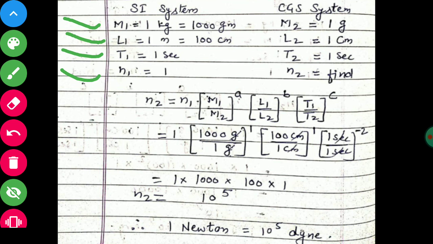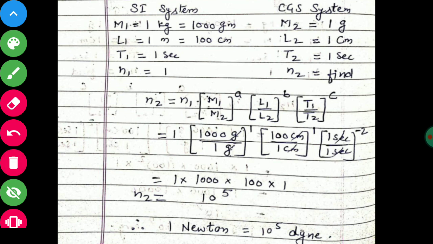L1 in the SI system is meter, so 1 meter in CGS is 100 centimeter. Time is equal to 1 second. And again we have to convert 1 Newton, that is why we write the numerical factor as 1. In the second system, M2 is 1 gram, L2 is 1 centimeter, T2 is 1 second, and again we have to find the numerical value in the second system, N2.